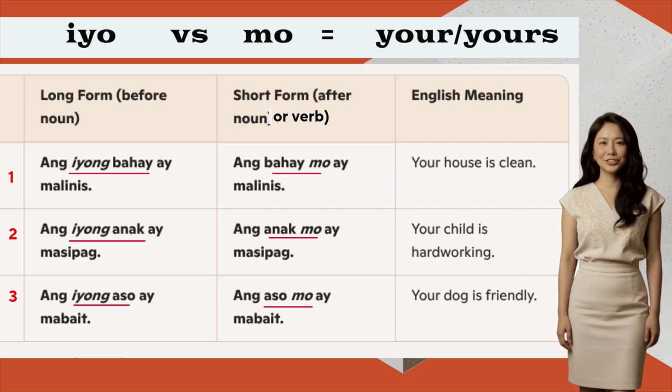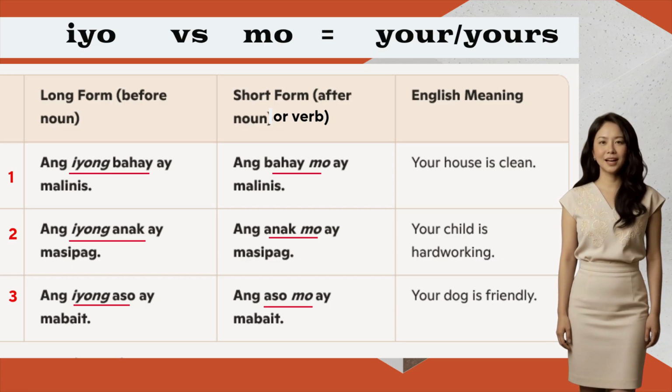And also notice that we are using the linker ng here because iyo is connecting to a noun, bahay, and iyo ends with a vowel. So that's why we are using the linker ng and it becomes iyong. Example number 2, ang iyong anak ay masipag. Ang anak mo ay masipag. Your child is hardworking. Same meaning, different placement.